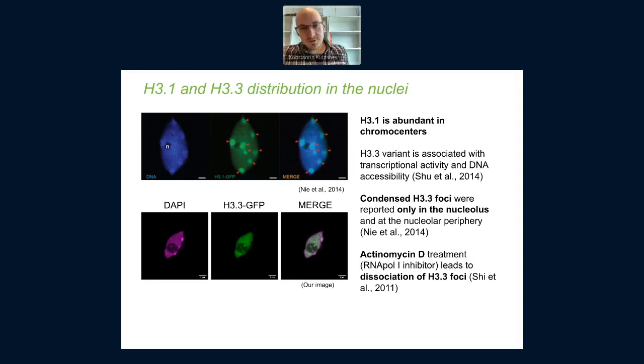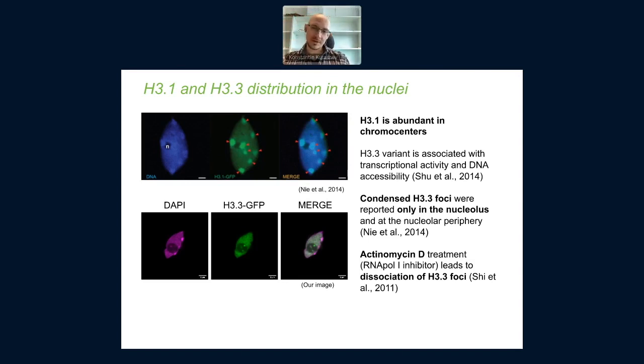The differences between these 2 histone variants are also detectable using microscopy. You can see that H3.1 is abundant in chromocenters and in the nucleoplasm, while H3.3 was not found in the chromocenters. But it was found to form condensed foci within the nucleolus that are dissociated after RNA polymerase 1 inhibitor treatment.